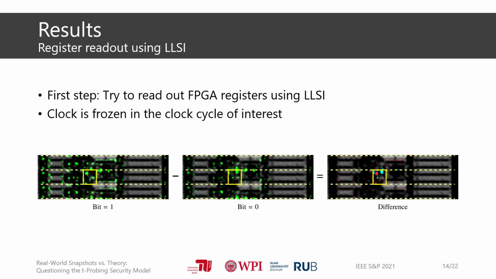Here you can see the LLSI signal overlaid on an optical image, and for bit value 1 you can see large spots on top left and bottom right of the image, whereas for bit value 0 there is a big spot only on the top right corner of the cell. When subtracting the two LLSI responses, it gets even more clear that a signal only stays inside the cell boundaries, which we have highlighted in yellow here.